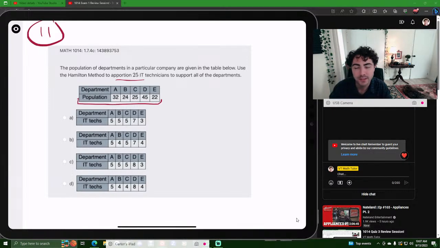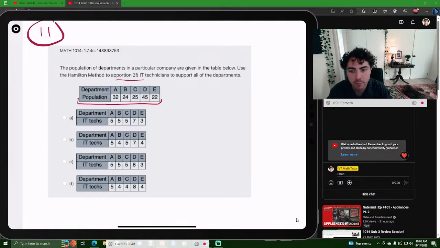a chart with departments and populations, and what we need to gather from that table is ratios. We need to think about the ratio that each department holds, what percentage of the total population each department is taking up.